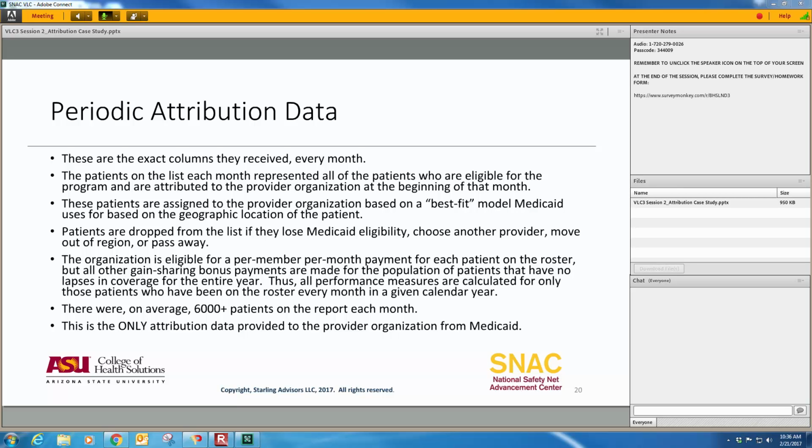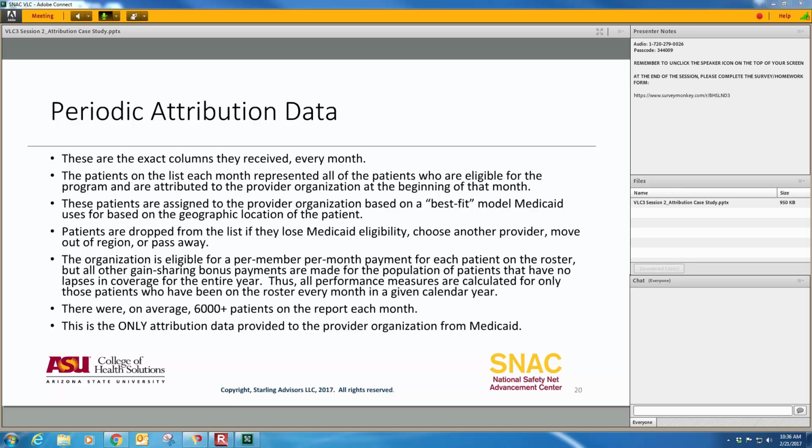Therefore, they worked directly with the state to develop a model in which they received some care coordination payments for an attributed population of patients. Very similar to a medical home, a patient-centered medical home type payment model.